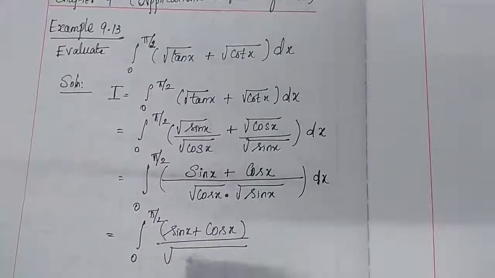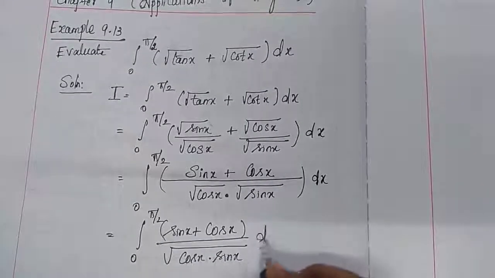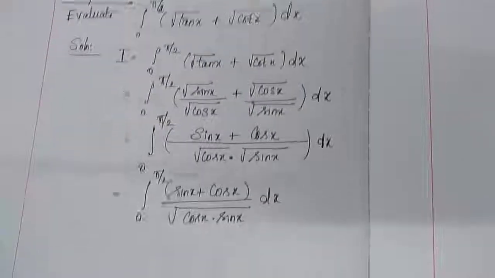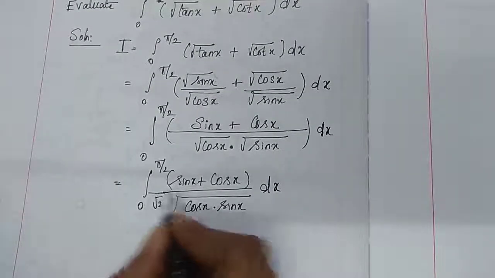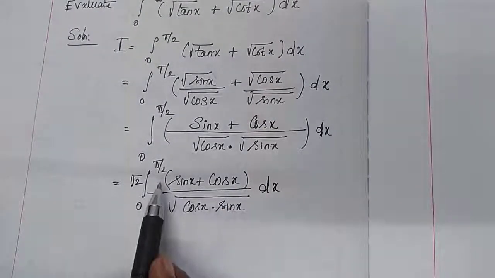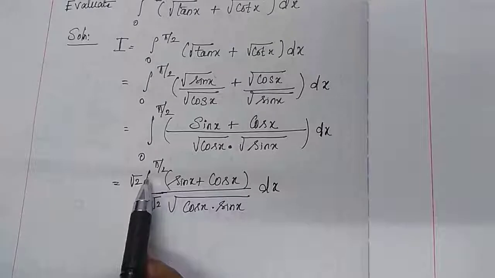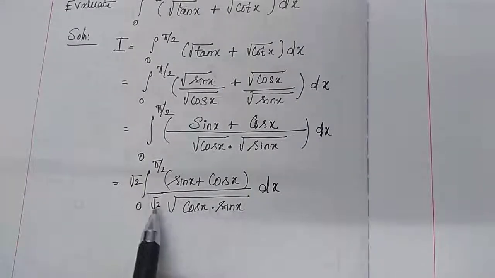This is equal to the integral from 0 to pi by 2 of sin x plus cos x. These two terms in the denominator we write in a single root, root of cos x into sin x, dx. Just multiply root 2 in the denominator and root 2 in the numerator. The numerator term we write outside the integral, so there is root 2 outside of the integral, and here root 2 in the denominator.